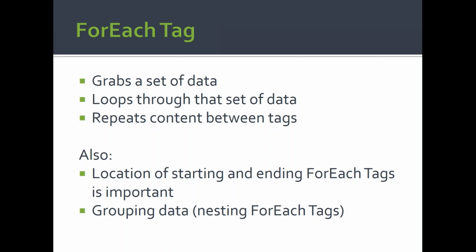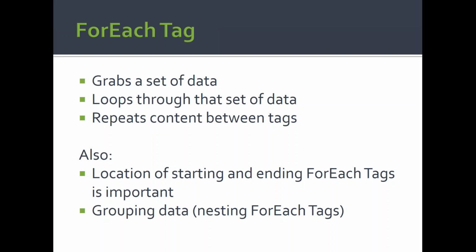And third, it repeats all the elements between the tags. I'll show you the importance of where to place the beginning and ending for each tags, and show you the results of placing these tags in different places. And we'll get into grouping data or nested for each tags, and I'll show you how to group your data with nested for each tags.